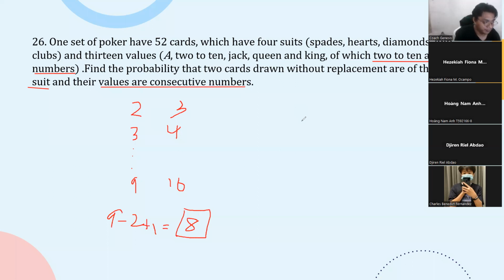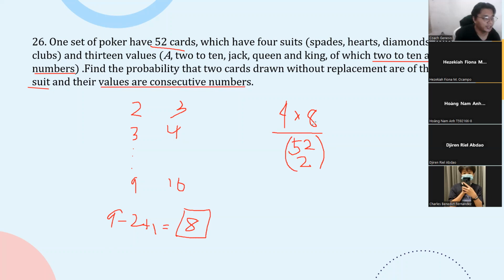Now, since the two cards must have the same suit, then of course you will have 4 times 8, right? And then you just divide that by how many ways you can choose 2 cards out of 52 cards. So that will just be 52 choose 2.